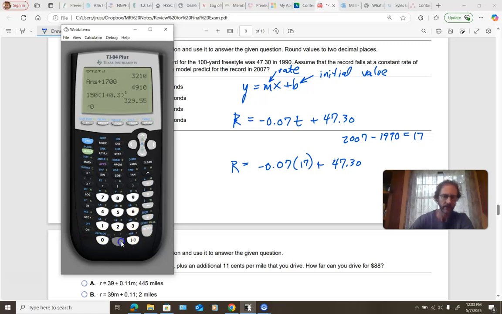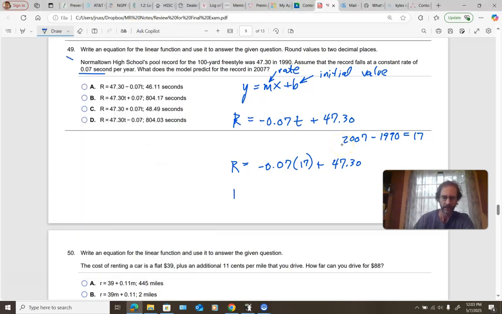It's negative 0.07, so the record is falling on average by 7/100ths of a second. That's what happens in these sporting events. We end up with 46.11 seconds. So like I said, if you can come up with the model first, then you basically will be able to pick out the answer. You won't even have to substitute in for your independent variable.